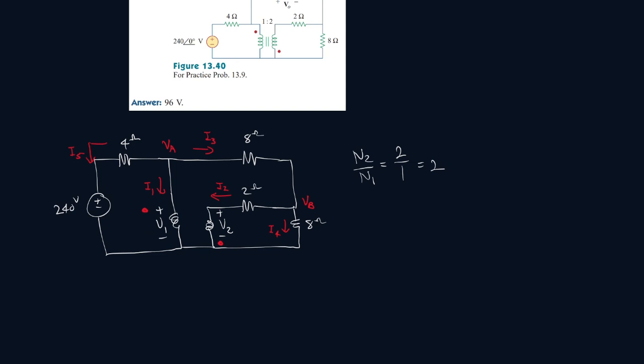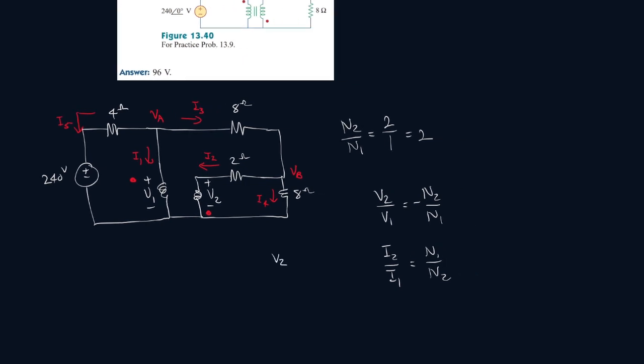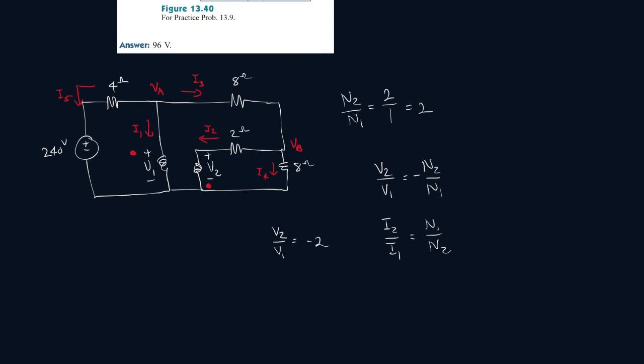V2 over V1 will be equal to minus N2 over N1, and I2 over I1 will be equal to N1 over N2. So V2 over V1 is equal to minus 2, and I1 over I2, so I pretty much just flip this, is equal to 2.